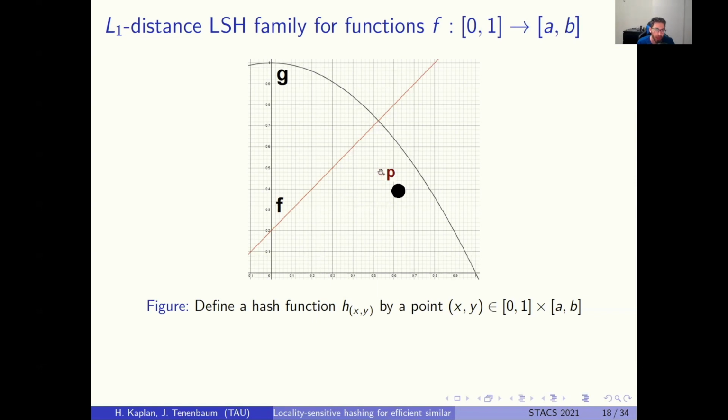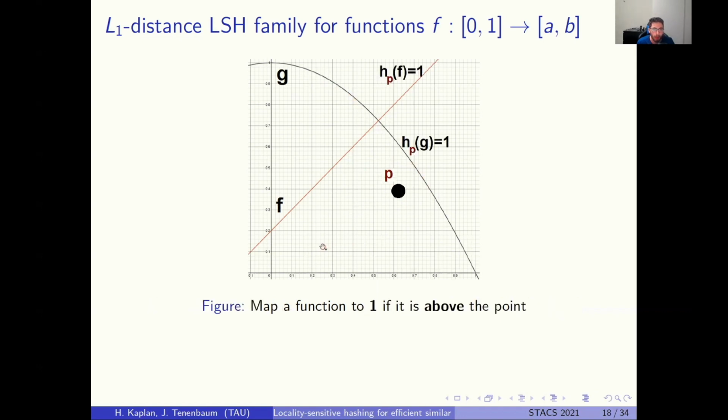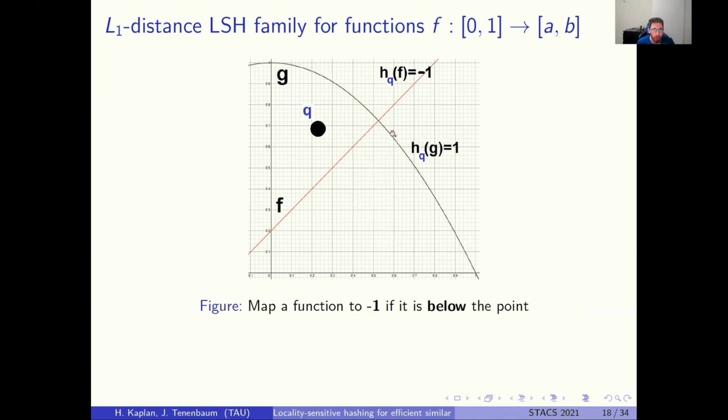We first define a hash function h given a point P in the rectangle which contains the graphs of f and g, which is the rectangle [0, 1] by [A, B]. We map each function to 1 if it's above the point, and map a function to -1 if it's below the point.